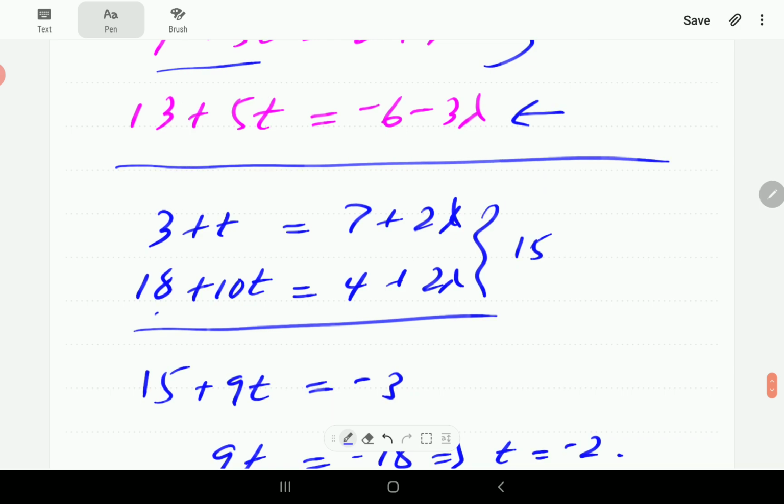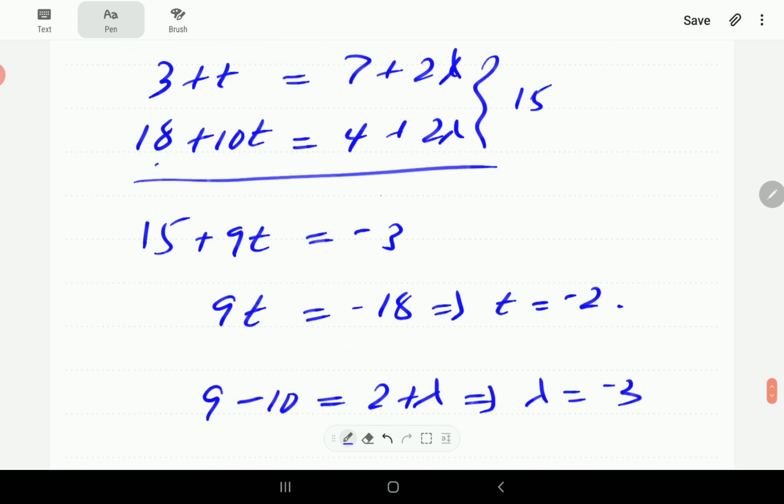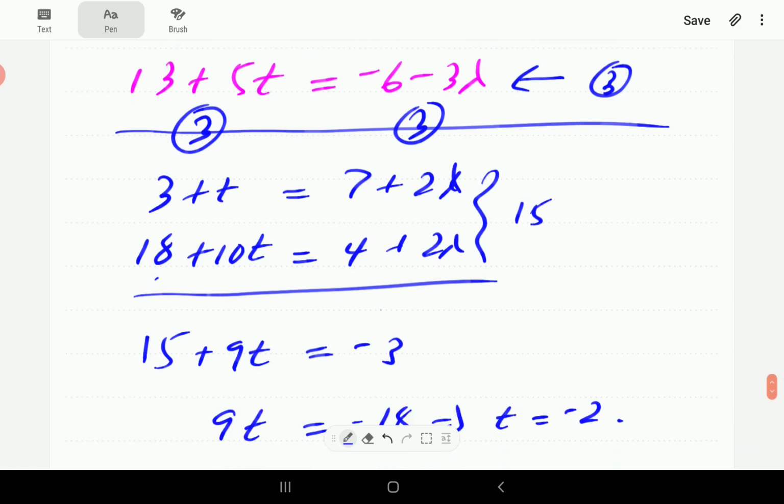If we've got a point of intersection, these two must satisfy equation number 3. So if we plug in t is negative 2 this side, it's going to be 13 minus 10, which is 3. If we plug in lambda is negative 3 this side, it's going to be minus 6 plus 9, which is 3. And so we do have a point of intersection, so the two lines are not skew.